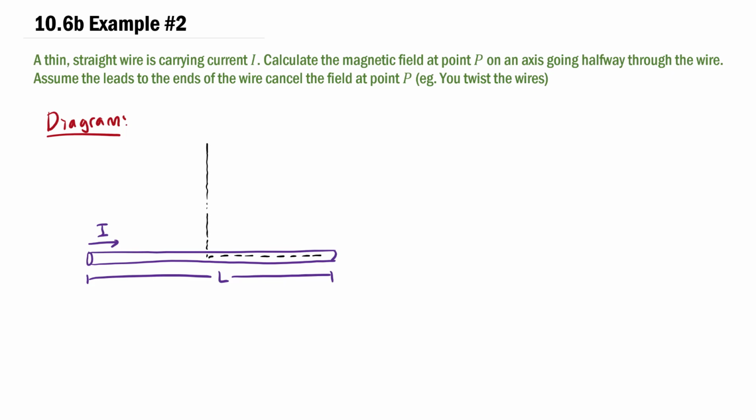So at this point we might as well create a coordinate system where this is X and this is Y. So there's a point P on that axis Y, and that point P is probably going to be a certain height away from the wire.